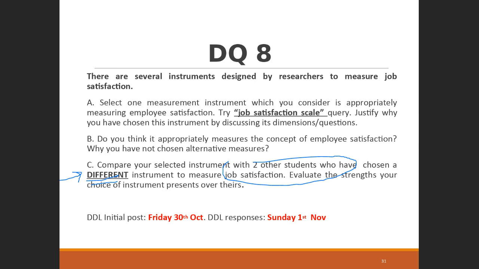So I would encourage students to choose different scales. For instance, if the whole class have chosen a single scale for job satisfaction, then the requirement number C cannot be fulfilled. So you need to choose a single scale, and then you need to compare it with 2 other scales which have been chosen by 2 other students.